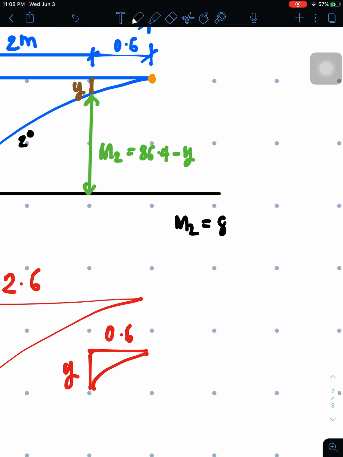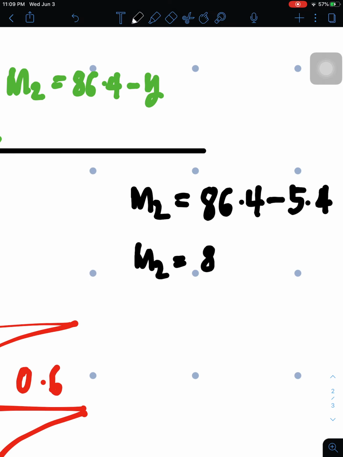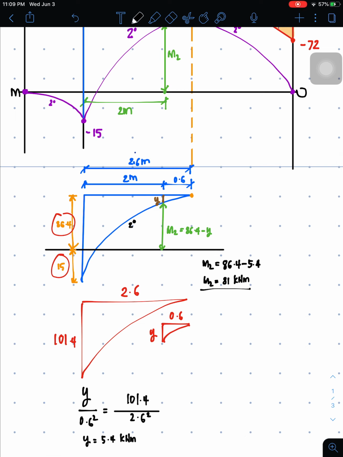M2 is equal to 86.4 minus 5.4, and the value of M2 is 81 kilonewton meters. So this is the moment that we will be using. Right?